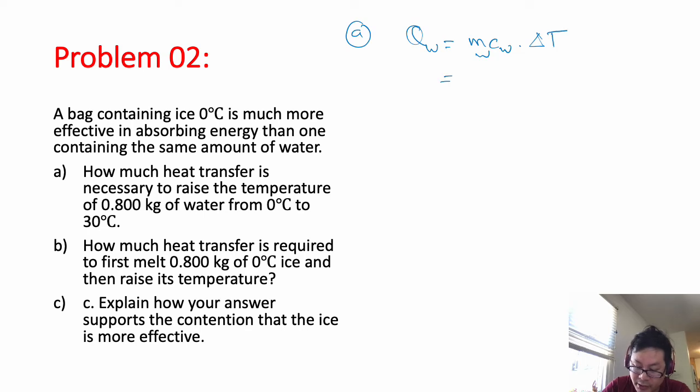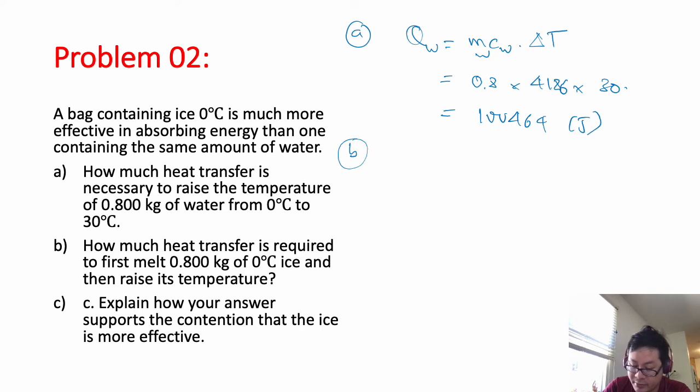In this case, water is 0.8 kilogram times the specific heat capacity of water, around 4186, times 30, and we have 1004 joule.